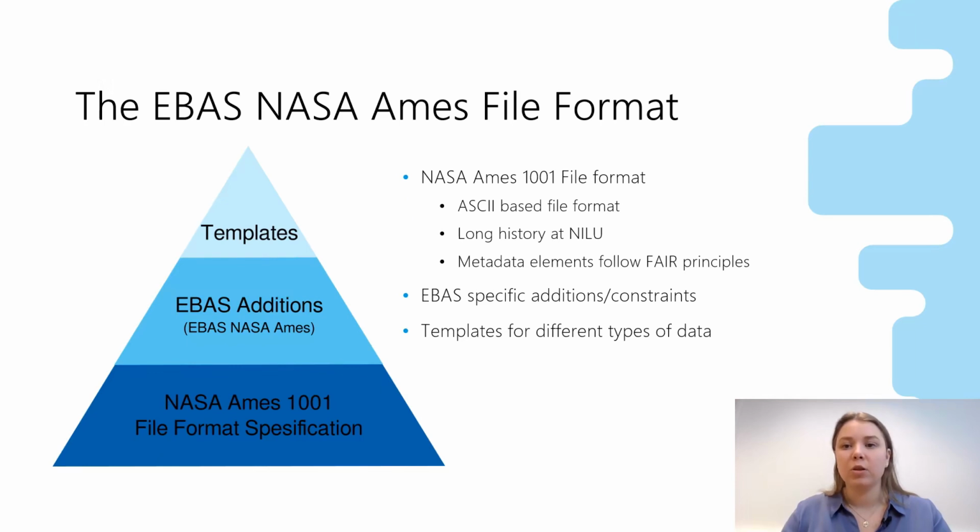The file format allows us to follow the FAIR principles. On top of the NASA Ames 1001 file format specifications are some EBAS-specific additions and constraints we require to the files. Lastly, the templates show how to create files for each variable.